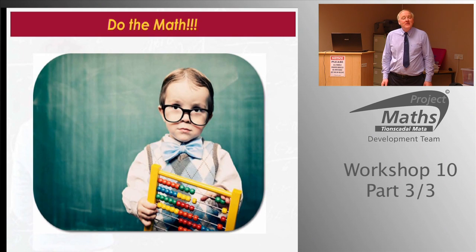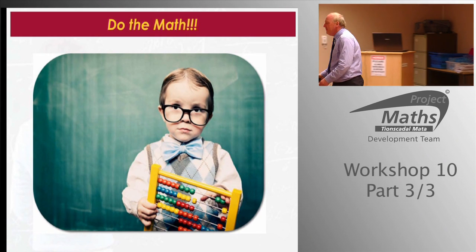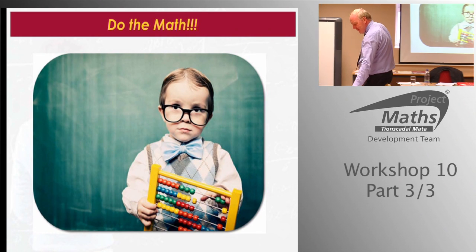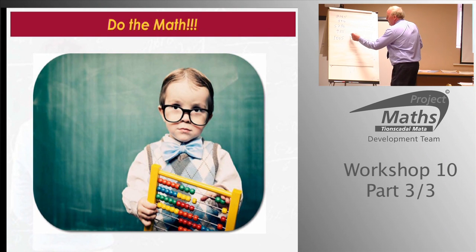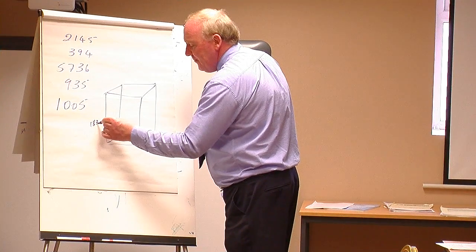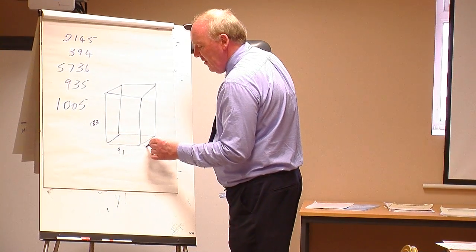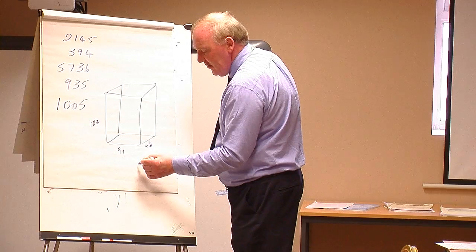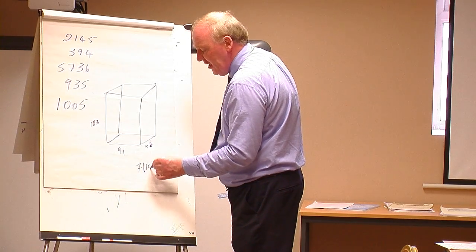So now we'll do the real math, so work out exactly. You can do it in the calculator. So what you have now is the following. You have your cabinet here. So that's 183, 91, 46, and then you have 7.618.